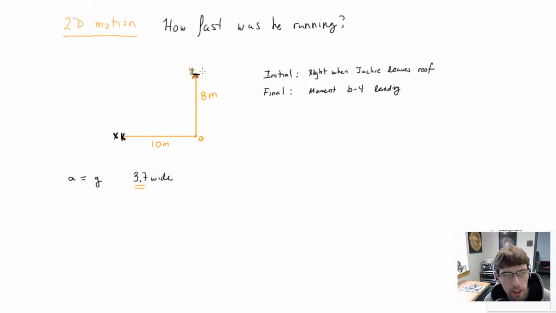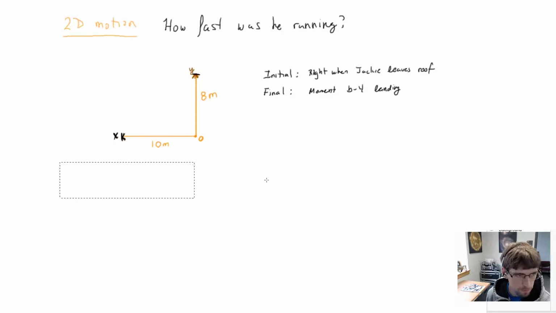Okay, so now that we've got our initial and final states, let's write down the information that we have here. For the initial state, let's write down all the information we know.